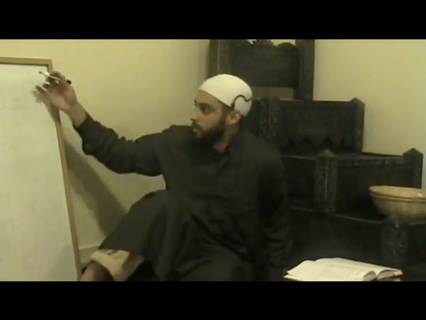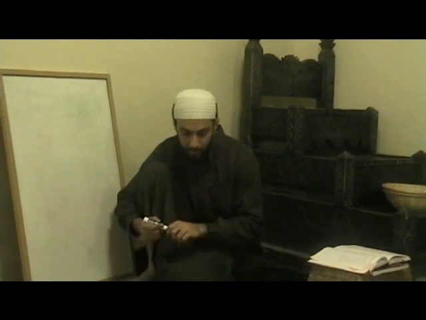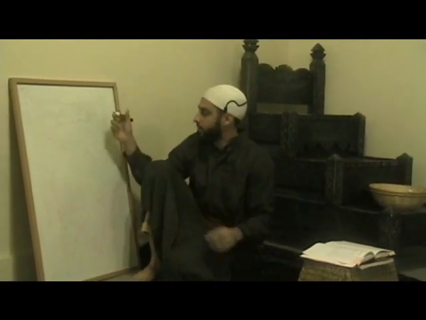The second broad area of articulation is the throat, right? These letters are huruf al-halq. The letters of the throat we just said were what? 6 letters again? What were the 6 letters?